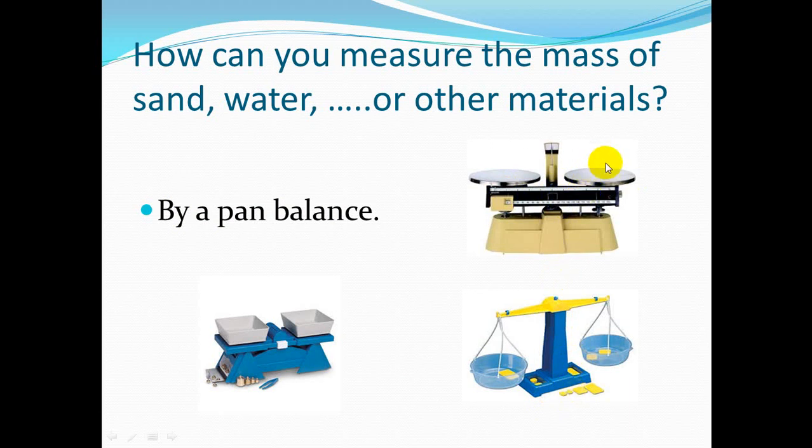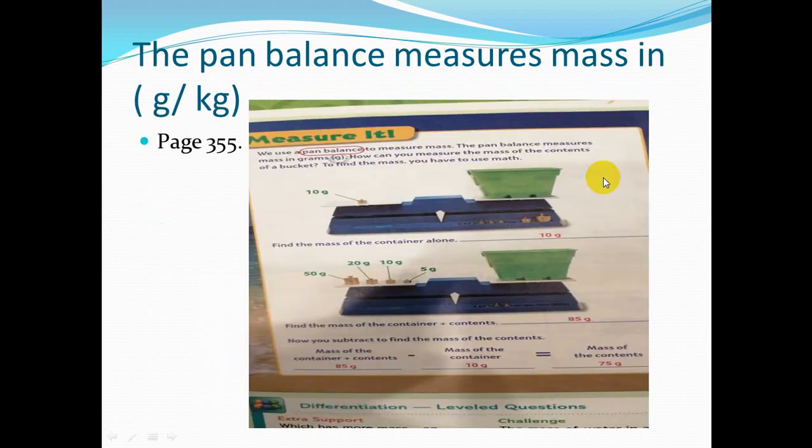We can put the thing that we want to measure in one space, and in the other one we can put the masses to find the mass of this object. The pan balance measures the mass in gram or kilogram.